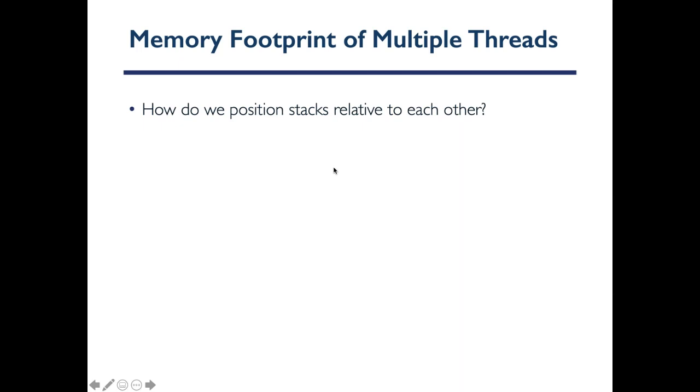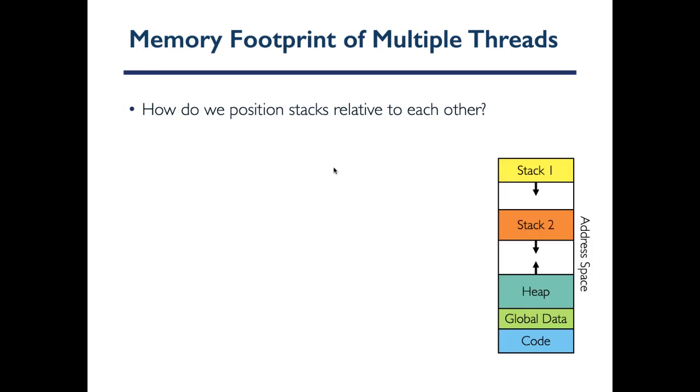Now, let's go to this question. How do we position stacks relative to each other? If you remember, the stack was going all the way on top of the virtual address space, and it was growing towards the bottom of the address space. Now, if you have multiple of them, where do we put stacks? The way it usually works is something like this picture.